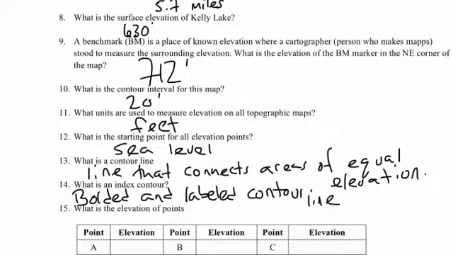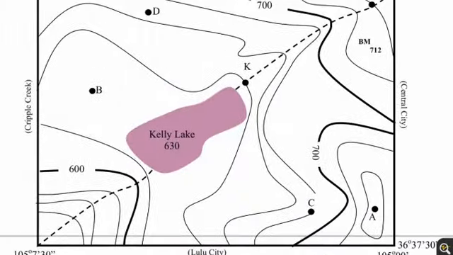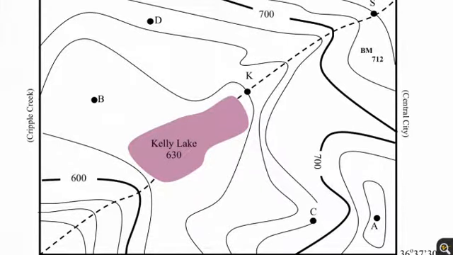Next it says fill in the elevation points. If there is a range, include the range as well for A, B, C, D, K, and S. So let's go ahead and do that. Little suggestion, let's start out by labeling the contour lines on the whole map. So here's 600 right here.